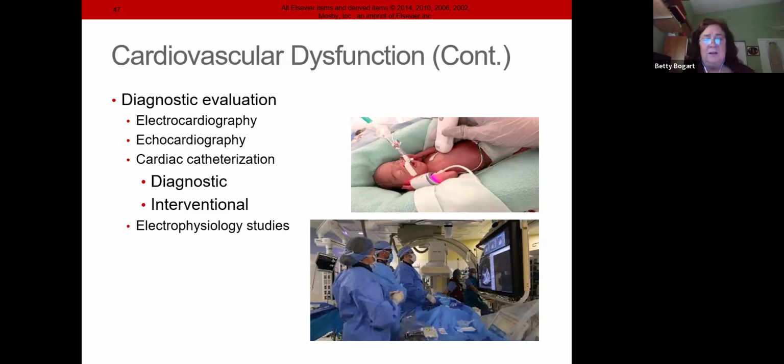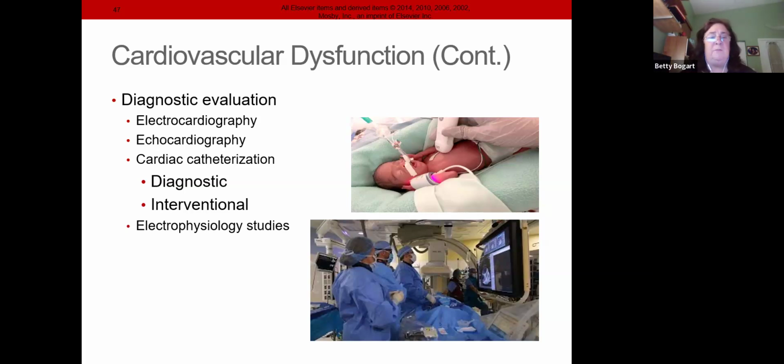Actually, where I worked, they did the first Helex device on a child and on an adult, actually. And what it is, is a double plate, and they put it through the ASD. So there's a plate on this side, and it covered it so they didn't have to do any open heart surgery. They did it in a cardiac cath, and it went extremely well.